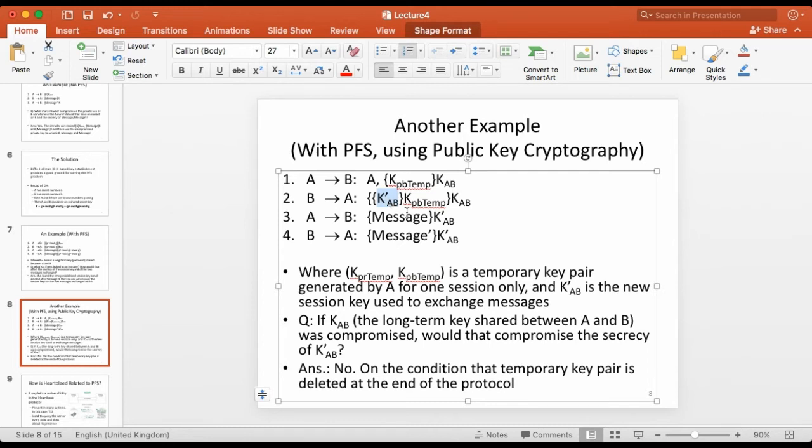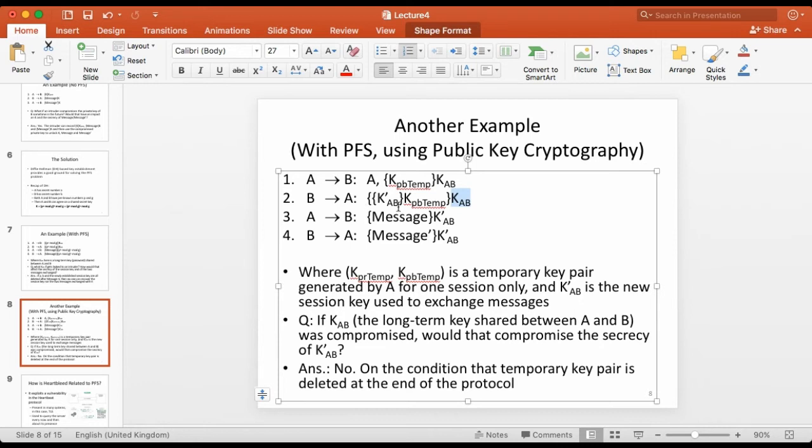Or I should rather say the new long-term key that Bob is proposing, because K prime AB is a new version of KAB. So essentially, that means it's a new password. It's a new long-term password that Bob is proposing to use with Alice.